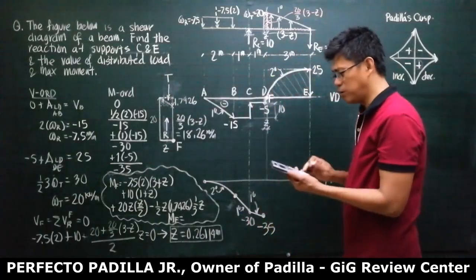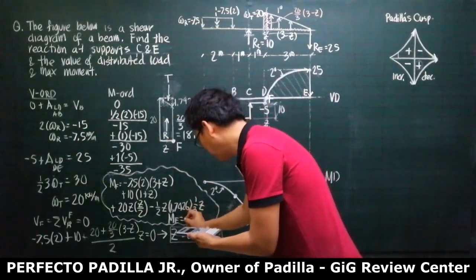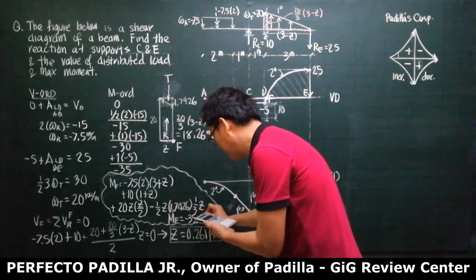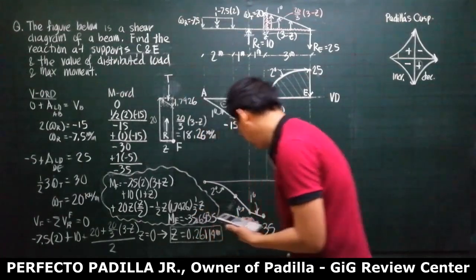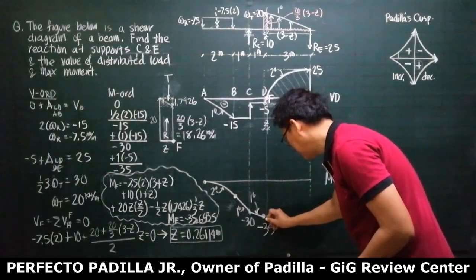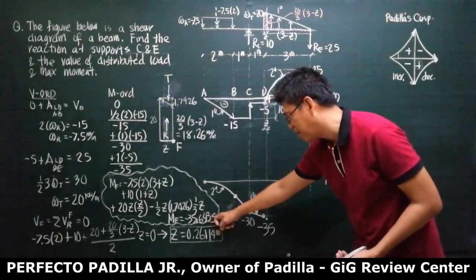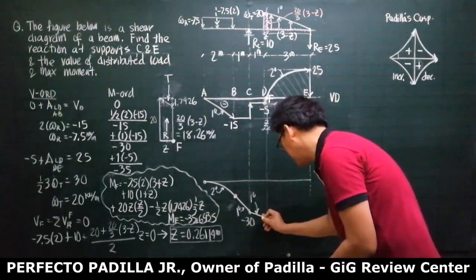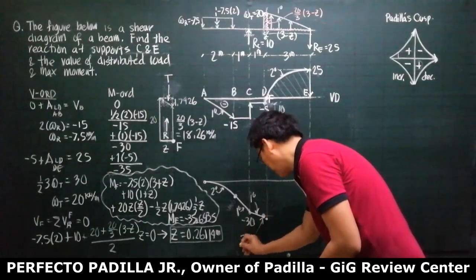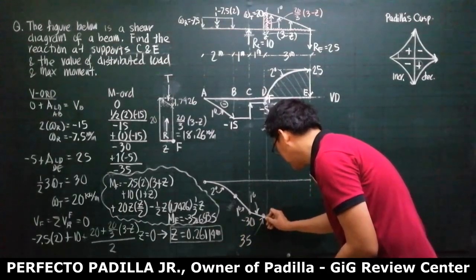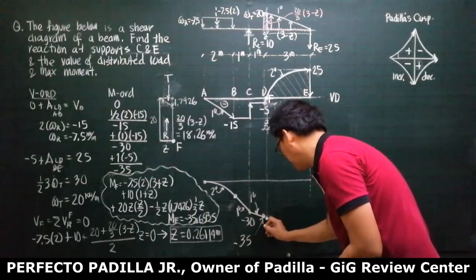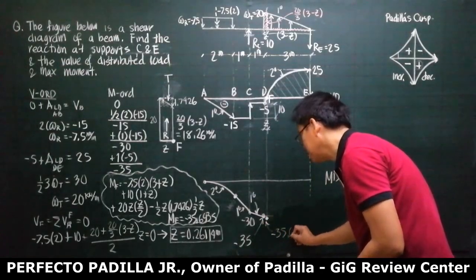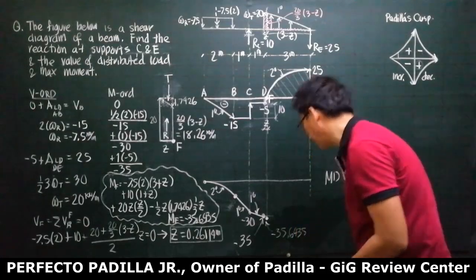So, it is equal to minus 35.6435. So, let me just reposition this. This is minus 35.6435.